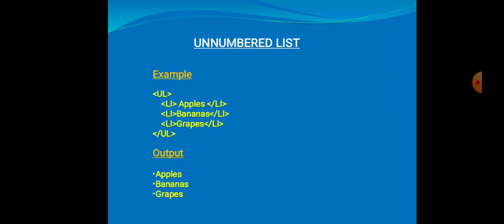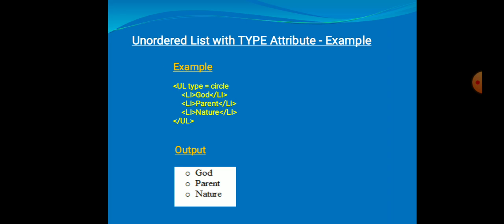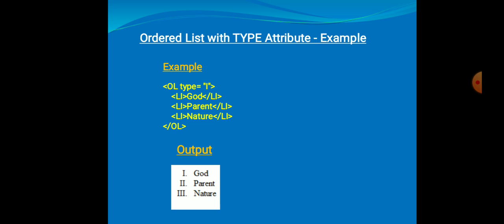Disk means a small shaded circle, and that is the default bullet style in HTML. We can change the style using the type attribute, like this, and you can even use square, so that the items are listed preceded by a small square.